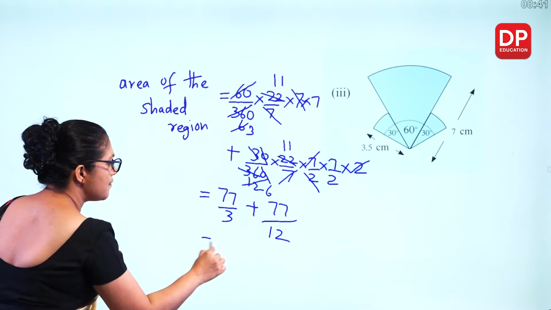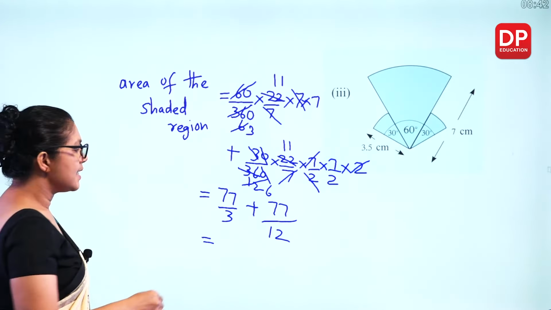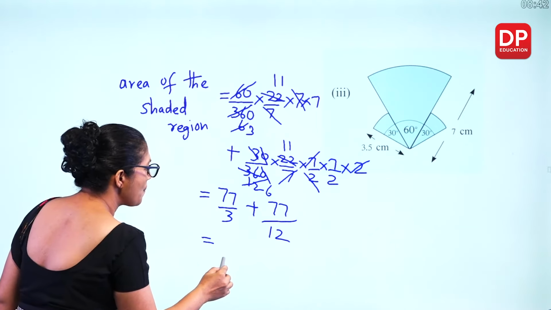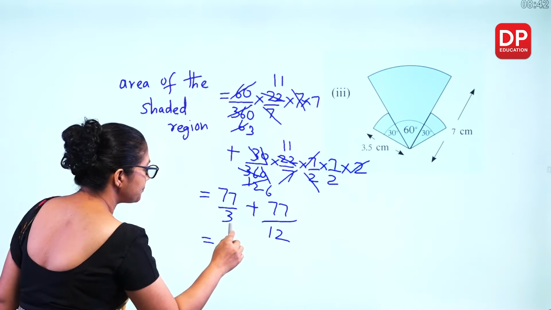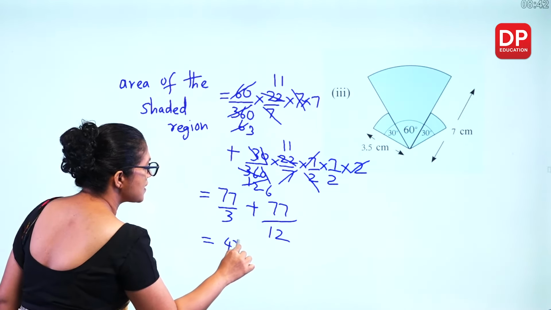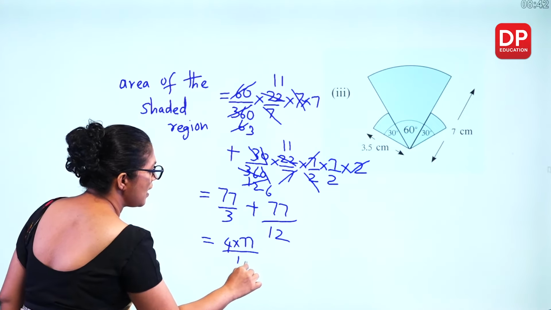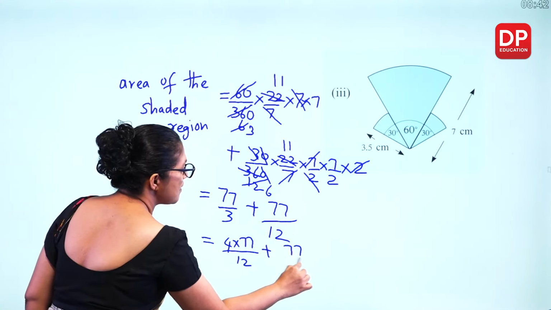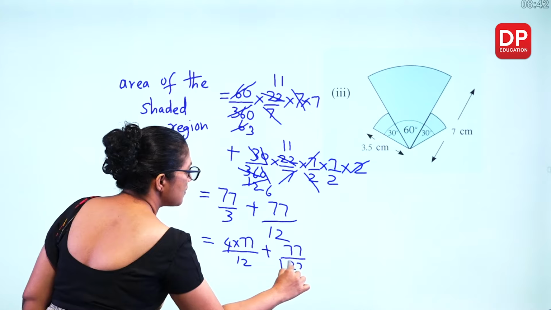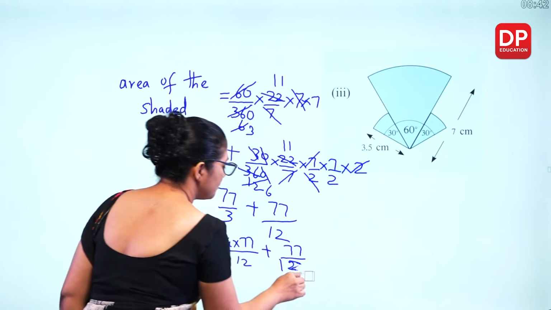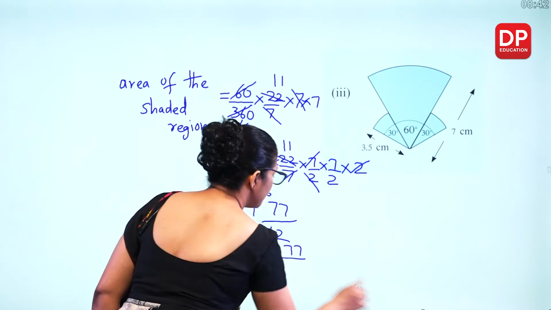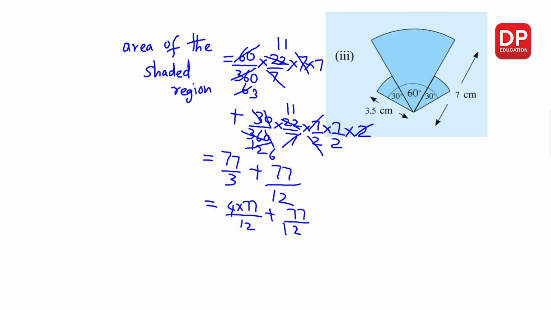Now, you can convert to the same denominator. Here 3, when you multiply by 4, you get 4 times 77 over 12, and this is 77 over 12. So, I see this 77 over 12 is common.